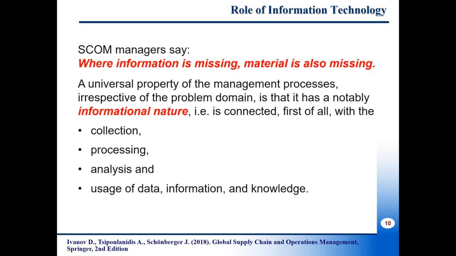Okay, now we go into the role of information technology, or IT. Information, as we have learned in the previous slides, is one pillar of supply chain and operations management, and therefore where information is missing, material is also missing.